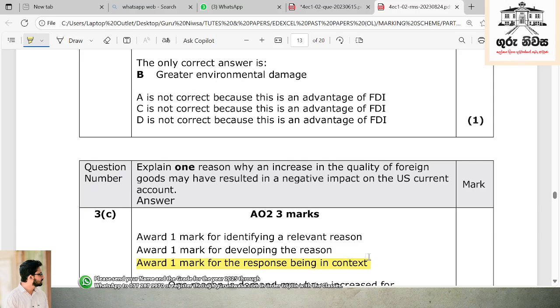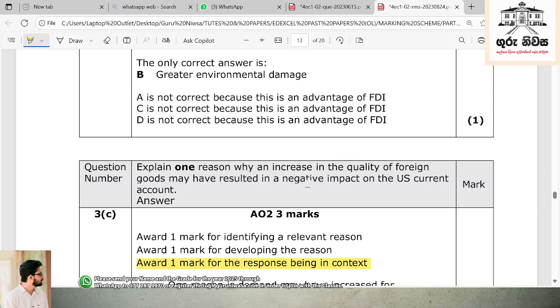For the response being in context. It means, Lamai, you have to say something about the context given. Here the US, right? Some small part, like you can say in US, the people might have demanded more foreign products, causing that.